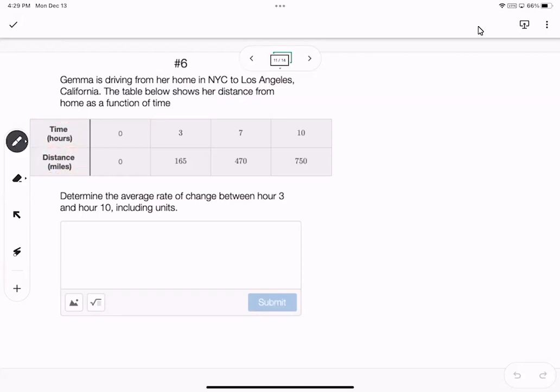Now I know we said in class today that they don't tell us which is x and which is y. So typically, this is where we have something called an independent variable and a dependent variable. The independent variable is the one that we have no control of.